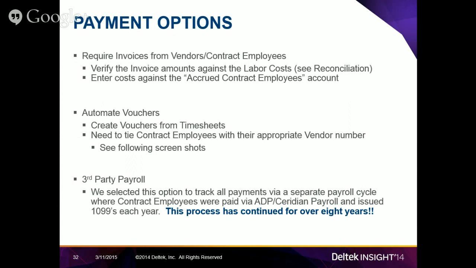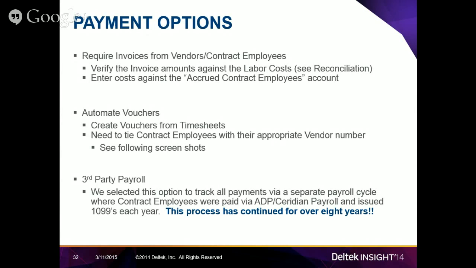And one of the things that I probably breezed by is, with the contract employees, I set up a separate accounts payable group for them. That way I knew that if they were paid through AP, they weren't going to be paid until that process or that cycle was supposed to happen.